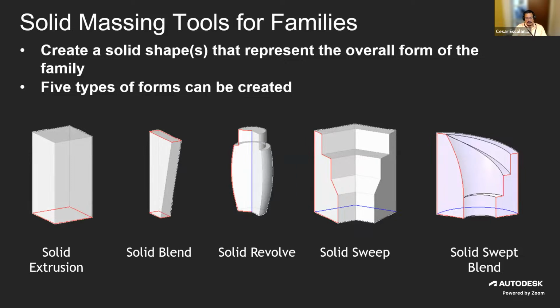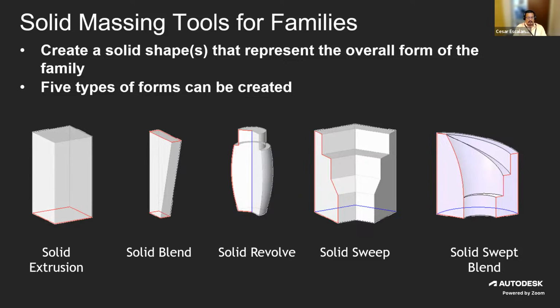A revolve is a profile that revolves around an axis. You can define the start angle and the end angle. If the whole angle is 360 degrees, it creates a complete solid object.